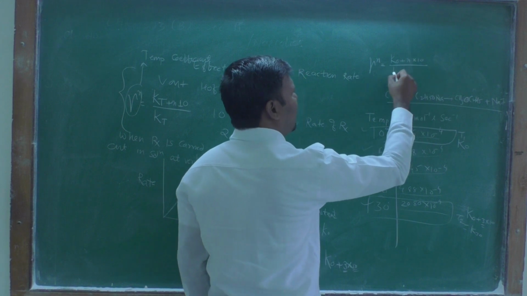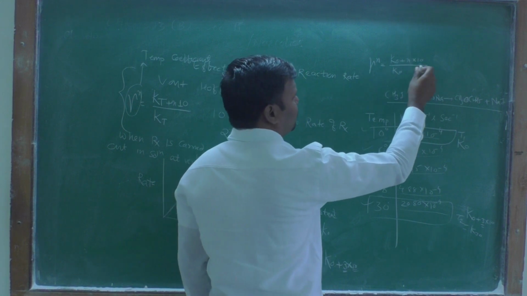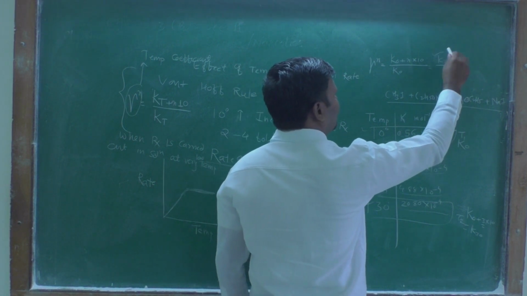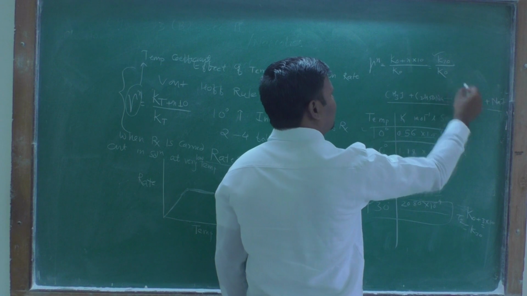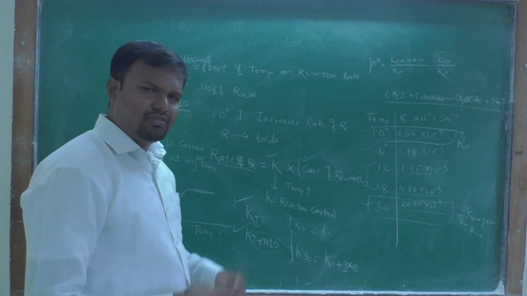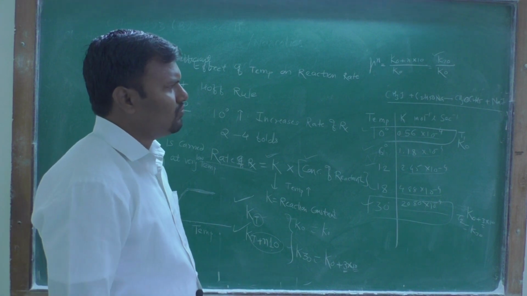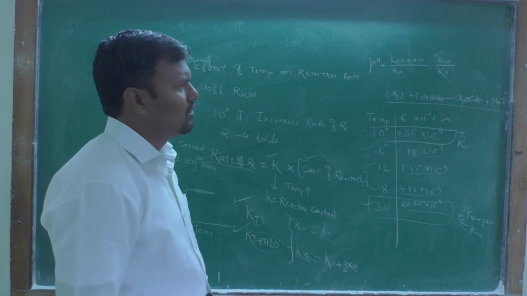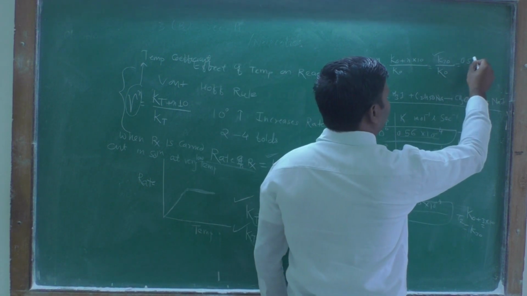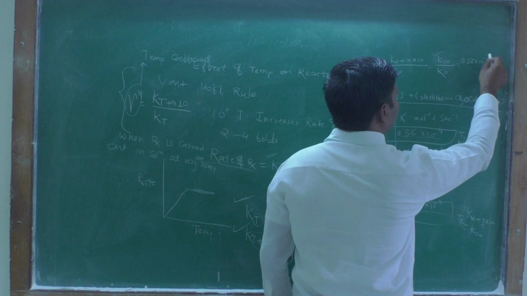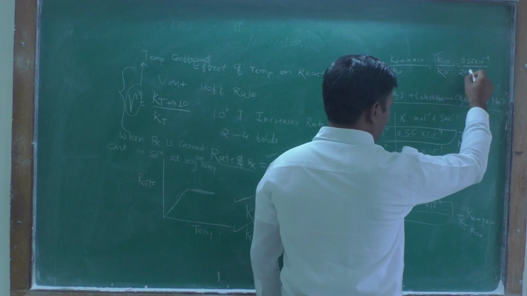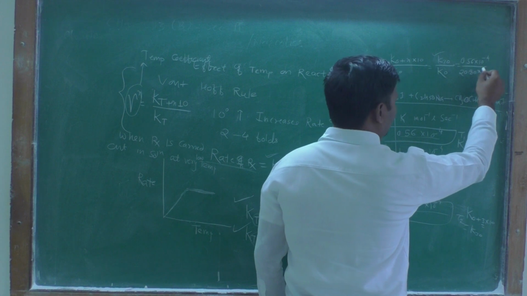Therefore gamma cubed is equal to the rate constant k30 upon the rate constant at 0 degrees Celsius. Now you have the values: 0.56 into 10 raised to minus 4 upon 20.80 into 10 raised to minus 4.